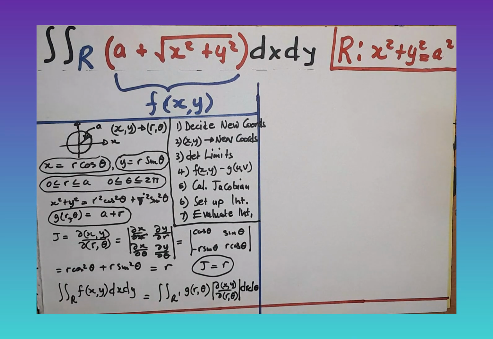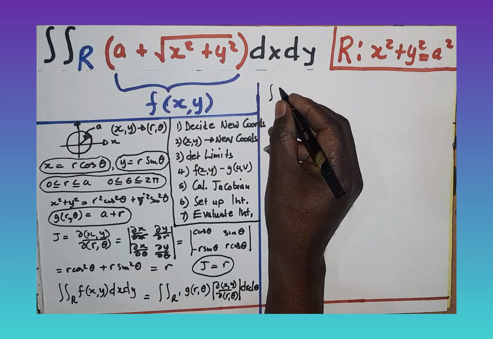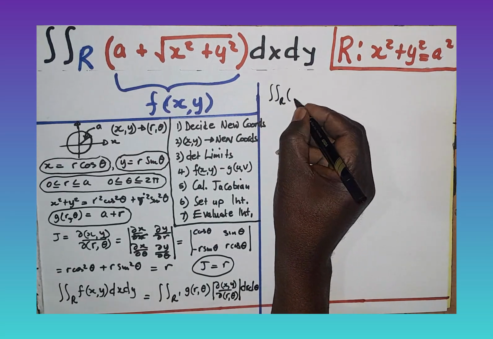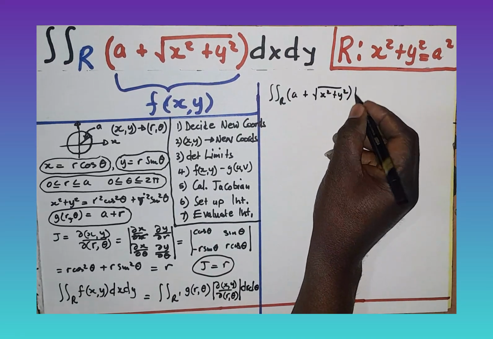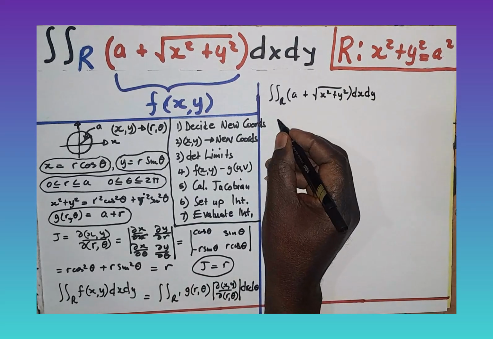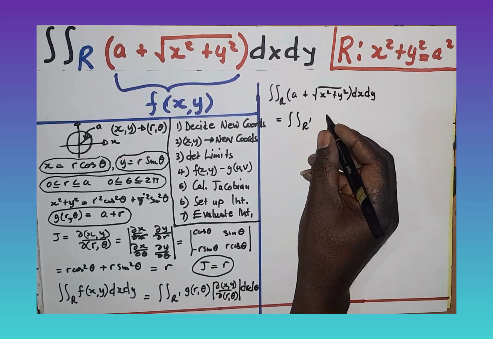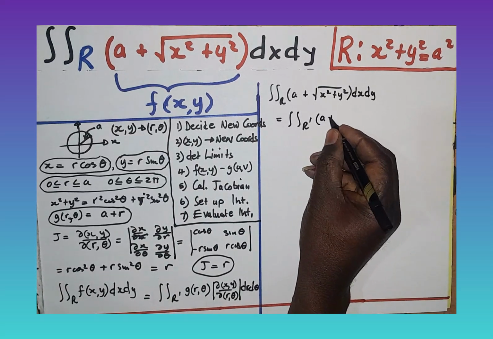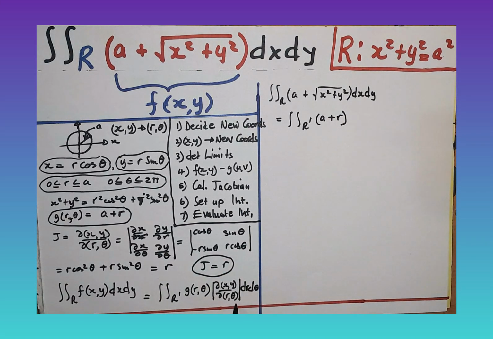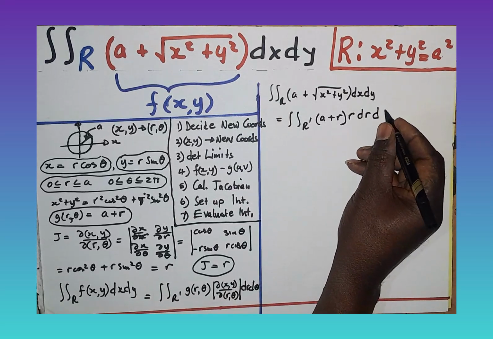Now, let's put in the values. So our double integral over R of a plus the root of x squared plus y squared dx dy now becomes a double integral over R prime of g of r theta, which becomes a plus r, and remember our dx dy becomes the Jacobian dr d theta, which is r dr d theta.